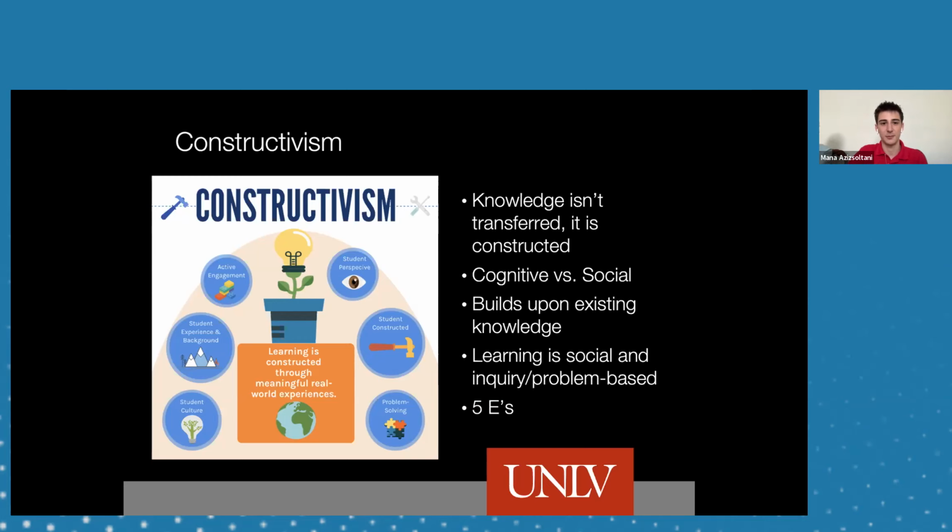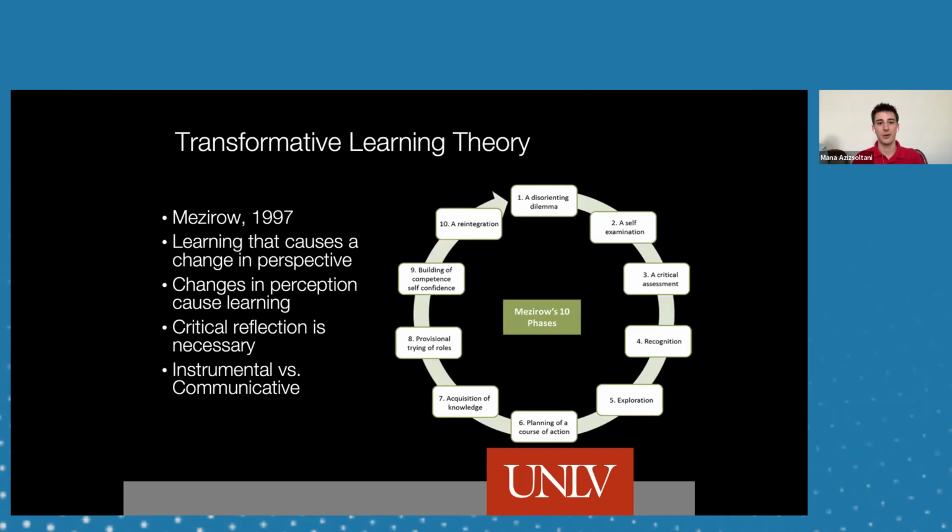So that's where the constructivism part comes into the classroom. Very important. Next is transformational learning theory, started by Mezirow in 1997. Like I said, the whole idea of learning statistics and using math in hospitality is a very disorienting dilemma for them. So that's often where it starts. They have that dilemma, and then they say, oh, well, can I even do this?